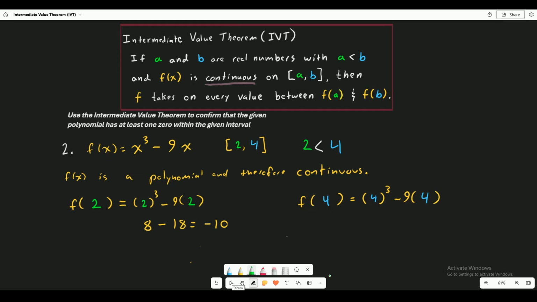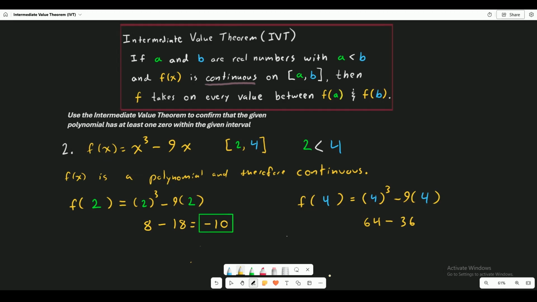All right, I'm going to box it in green so that we know this is our f of a value. Now let's do f of 4. Oh boy. 4 to the power of 3 is 64, minus 9 times 4 is 36.